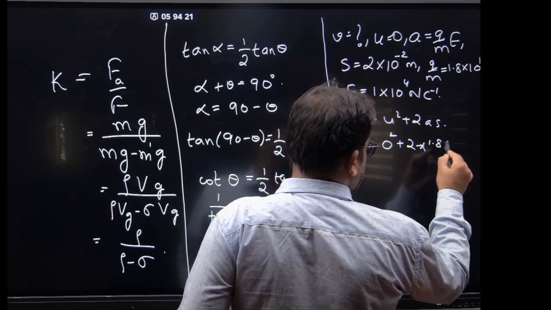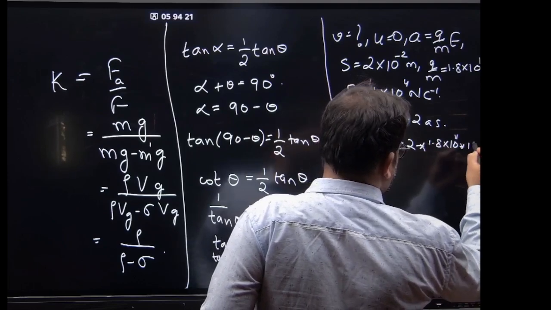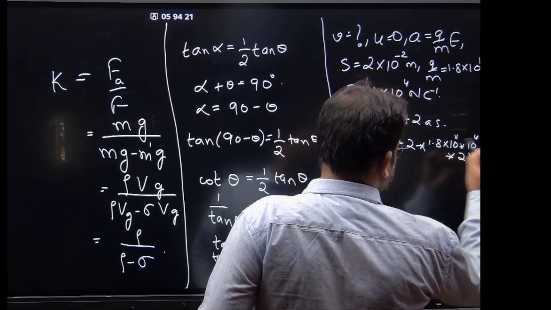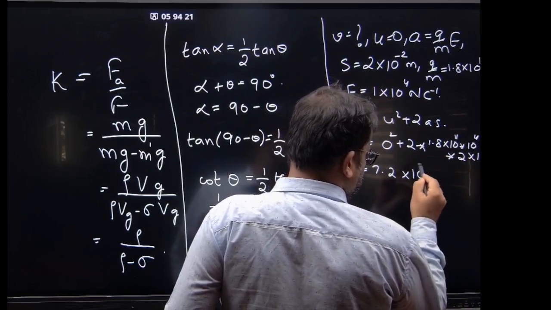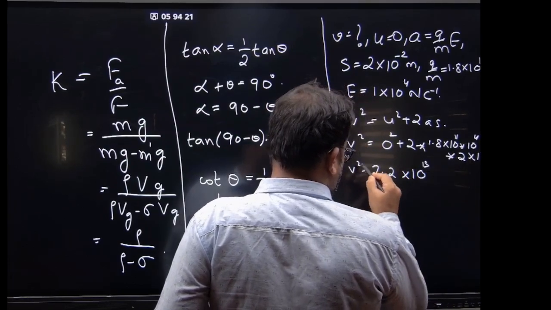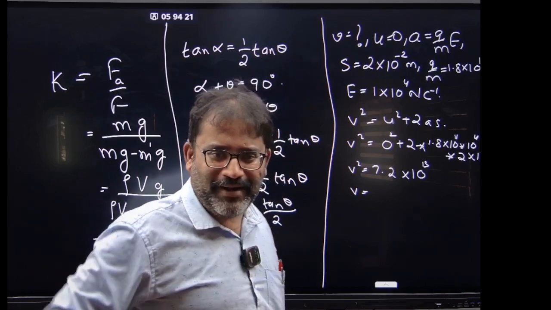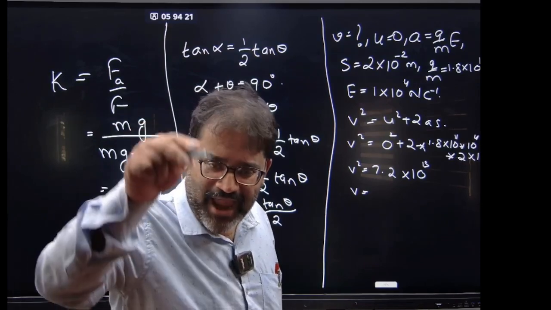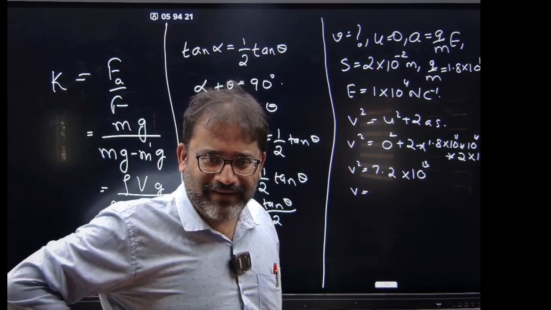Q by m is 1.8 into 10 to the power of 11 into E, which is nothing but 10 to the power of 4, into 2 into 10 to the power of minus 2. That is equal to 7.2 into 10 to the power of 11 plus 4, 15, that is nothing but 13. No, it should be 8.5 only. Correct? Very bad. You read it wrong in the answer key. Hey Bhagwan, write the answer key also tomorrow. Fight and then show it to me. Huh? What here?